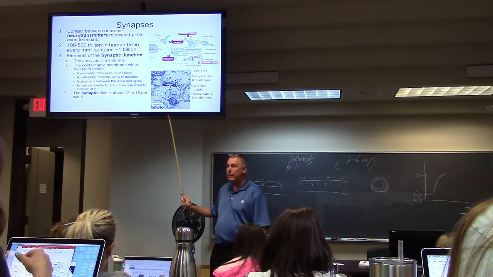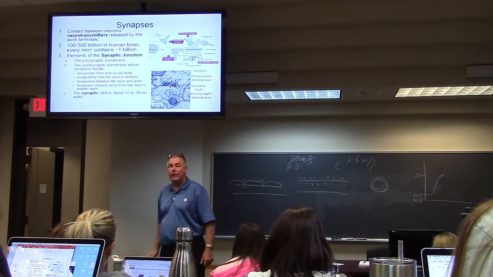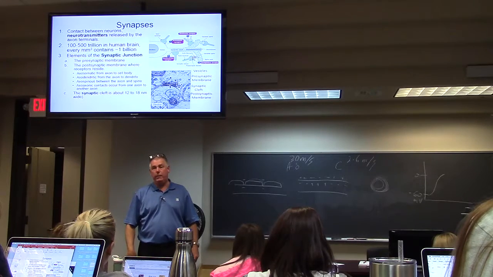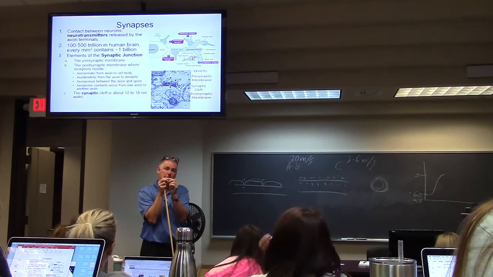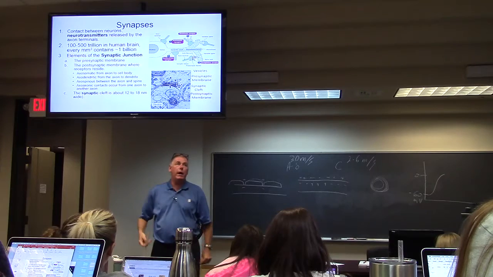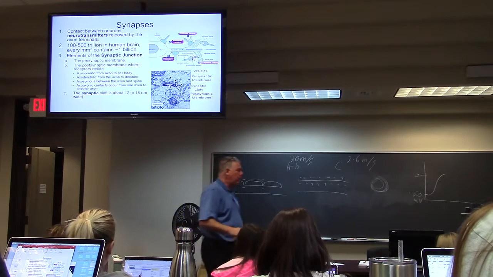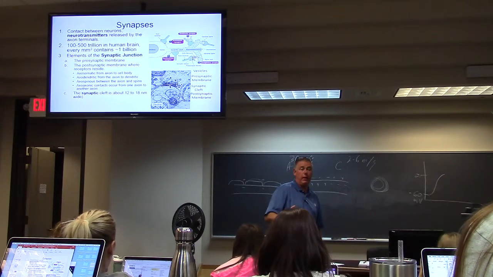This is the synaptic cleft. And there are a bunch of synaptic clefts. 500 trillion. If you look at 1 cubic millimeter of your brain, look how many synapses are in 1 cubic millimeter. I can't wrap my head around it.